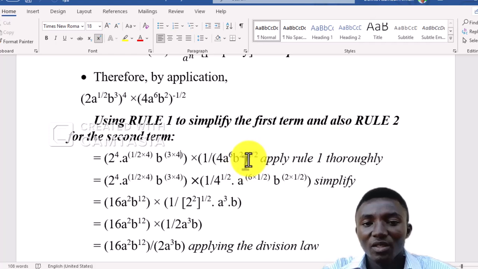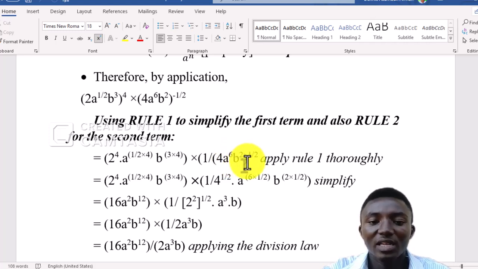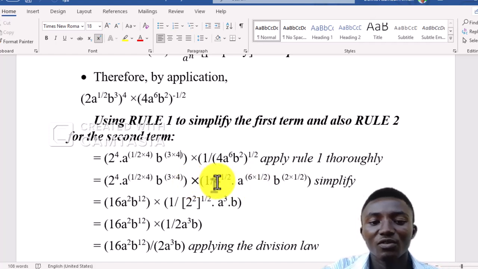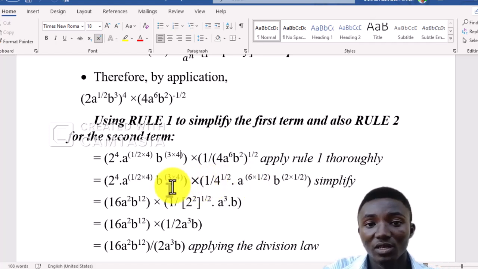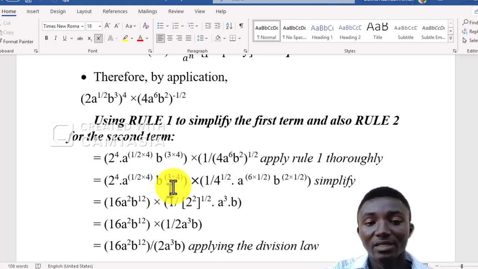Because of the negative power of half, now it has become positive, and rather it's supposed to be in the form of fraction, so 1 over the expression, a positive one. Alright, so the next step is to apply the concept of the first rule, the product of powers, throughout.